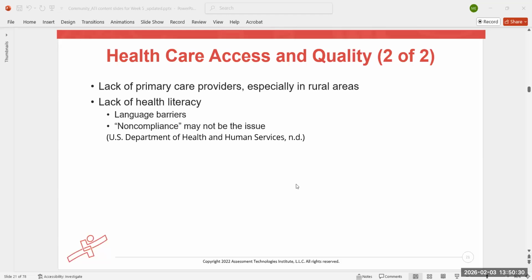You don't want to just write the patient off as being non-compliant and think that they don't care. So you do want to make sure that what's their primary language, what's their primary level of learning, reading, and how do they learn best? Is there somebody else there with them that can help to take in some of that information?